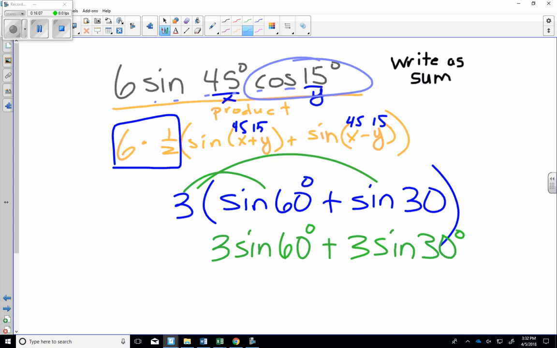Or here we can just do this, and hey, sine of 60 is the square root of 3 over 2 times 3, and the sine of 30 is 1/2.